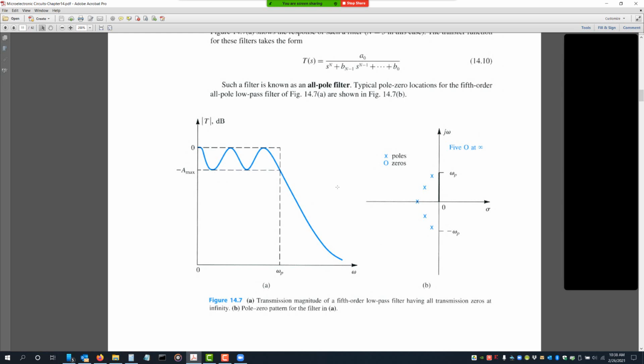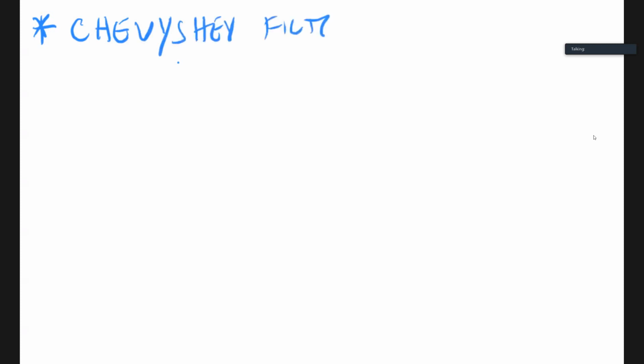So that's what we're going to start talking about today, covering that family of filters. So again, we're going to talk about Chebyshev filters, and I want to list again these important observations.